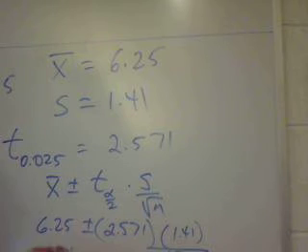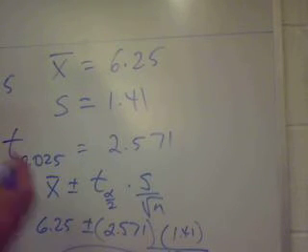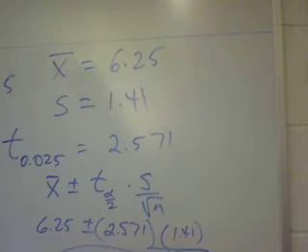And if you do this math out, you get 6.25 plus or minus 1.5. So 6.25 minus 1.5 is the lower limit, and 6.25 plus 1.5 is the upper limit.